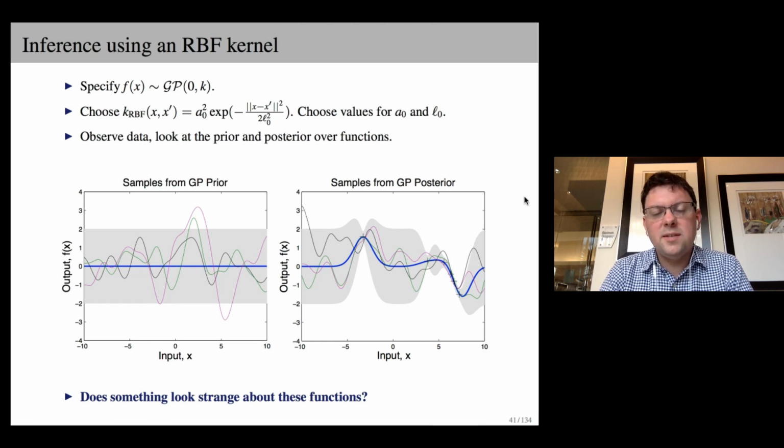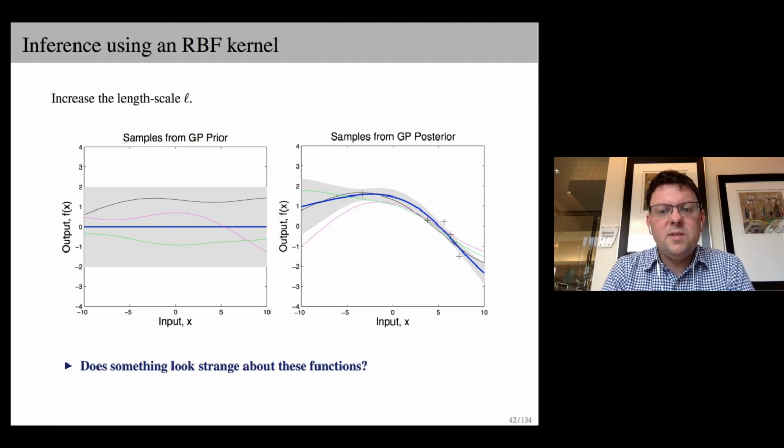And it might be a little bit subtle. To me, these functions look a bit too wiggly. They're varying a little bit too quickly. They're a bit too complex. The mean shoots back down to the prior mean a bit too fast. So to me, that seems like the length scale is too small.